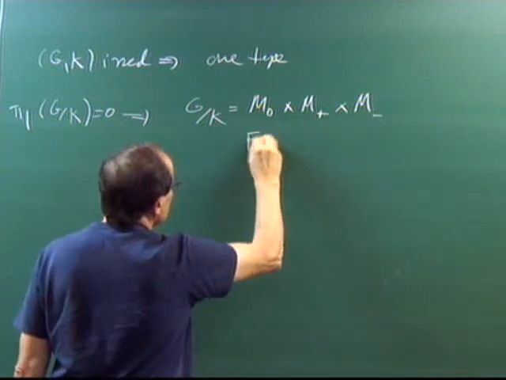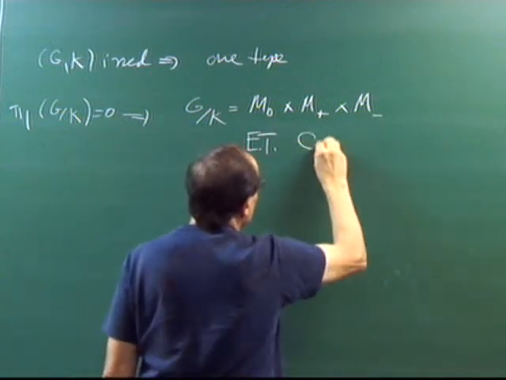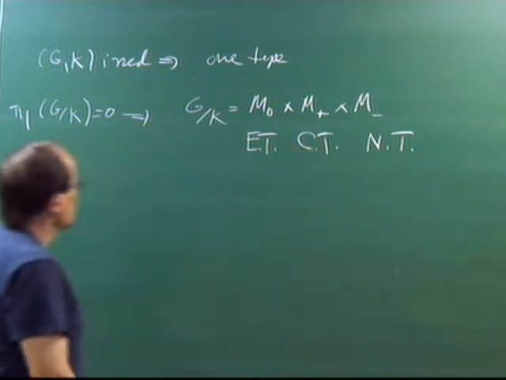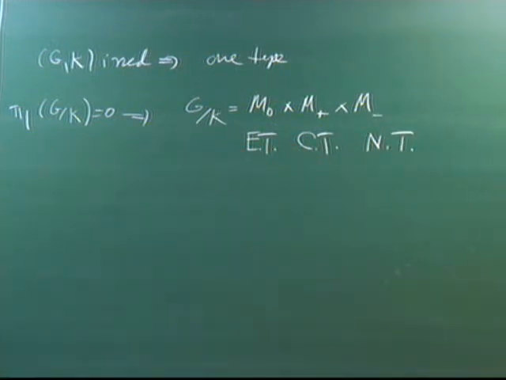But this is Euclidean type, so compact type and non-compact type. So they're products of these types. So in general, we can without loss of generality assume that our symmetric space is irreducible, because otherwise it's just a product of such things up to coverings.